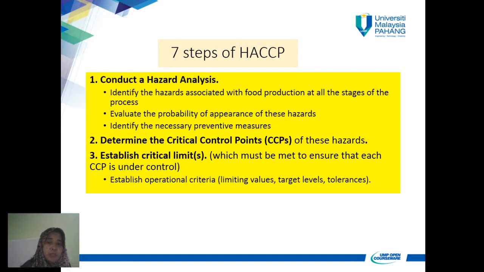Okay, if, for example, you identify that the step has a hazard and the hazard is critical, then you have to proceed to the next, which is to establish the critical limit, which must be met to ensure that each CCP is under control. So for the established critical limit, you have to identify what the limiting values are for that particular hazard, what the target levels are and what the tolerances are for that hazard.